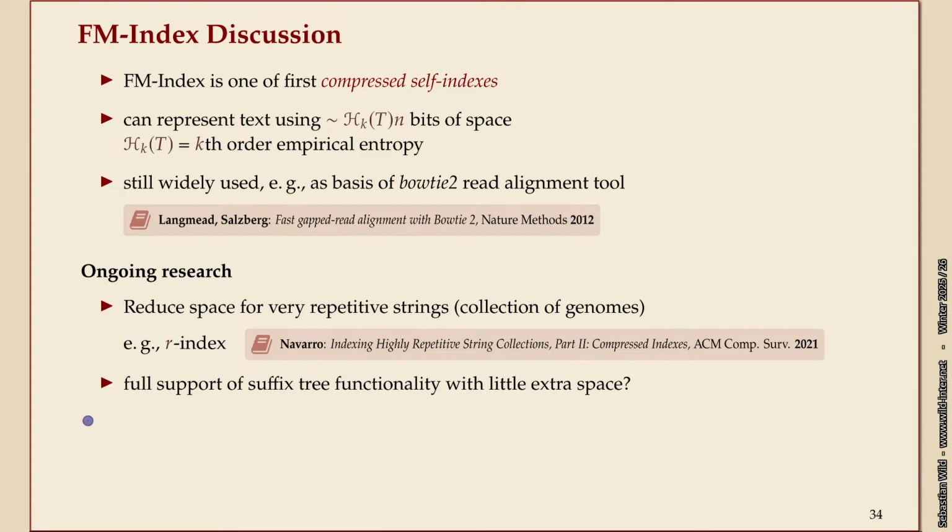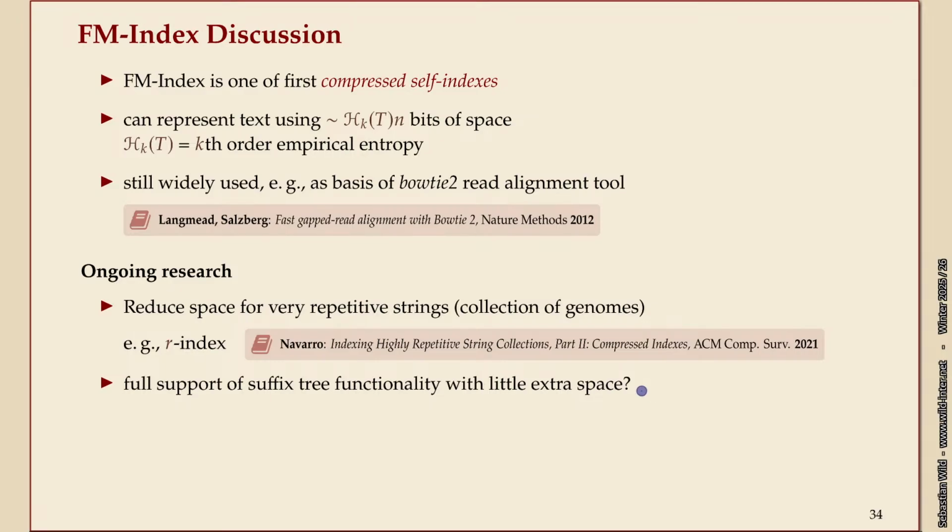And this is an area that's still somewhat active because the data keeps growing and evolving. Even that trick is not good enough anymore. For these 100,000 genome collections, you need to do even more aggressive compression. And there's follow-up things on that, but we'll leave it with that.